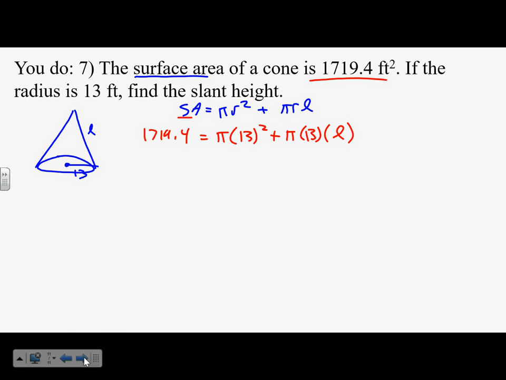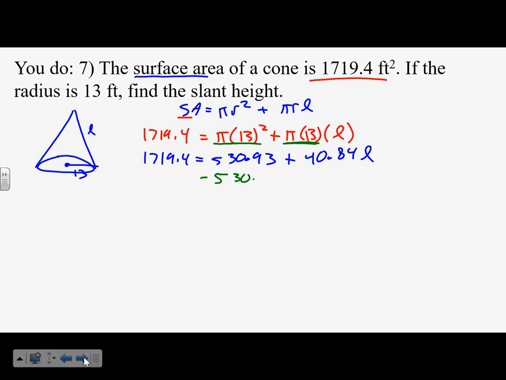So 1719.4 is equal to 13 squared times pi, which is 530.93, plus 13 times pi, which is 40.84, times L. And now it's just a two-step equation. So all I did was I put that in my calculator, you get 530.93. Then this one I put the 13 times pi in my calculator. Now you're just solving this like normal.